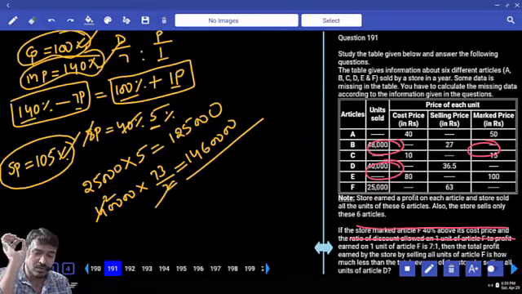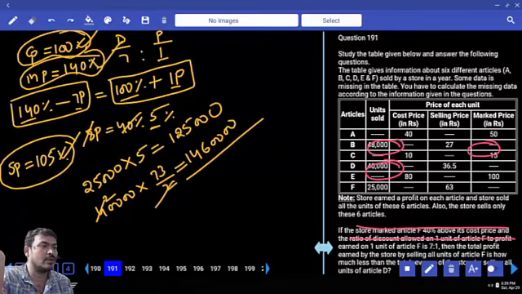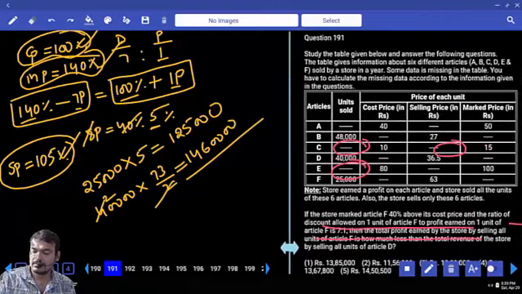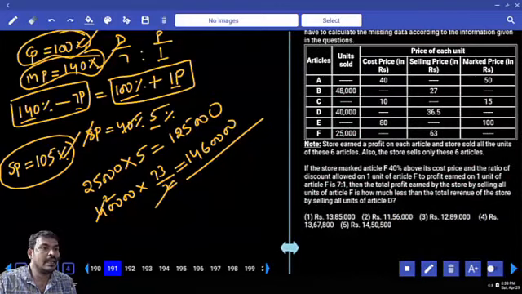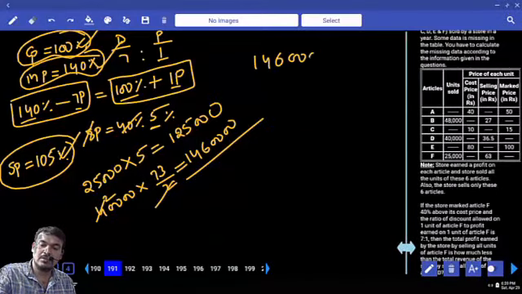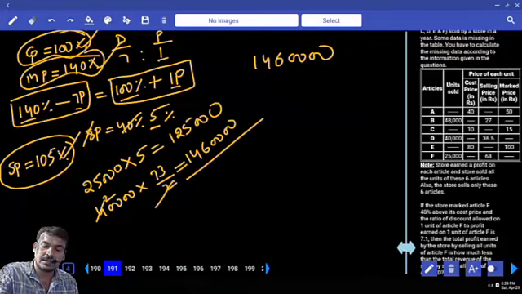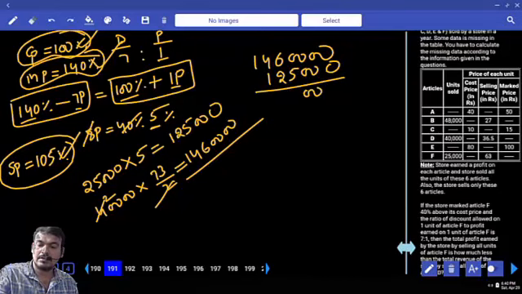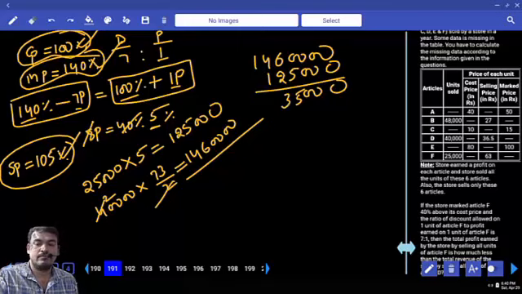1 lakh 46,000 minus 1 lakh 25,000. What is the difference? 13 lakhs, or 11? 146,000,000 minus 125,000,000, ending with 3 zeros. 10 minus 5, 5. 15 minus 2. 5 minus 2, how much? 3.